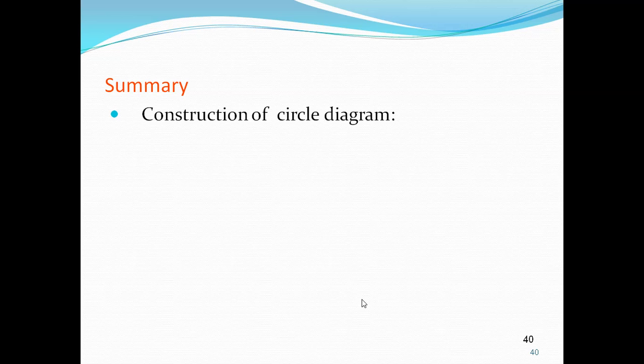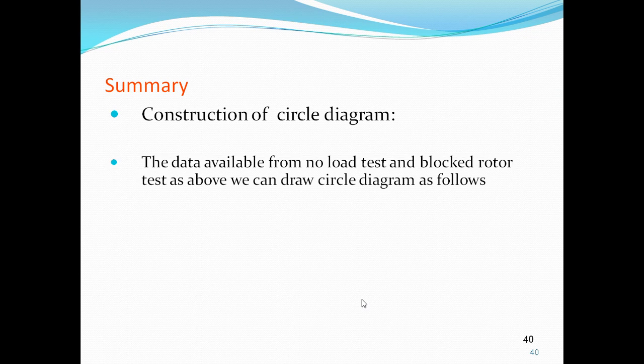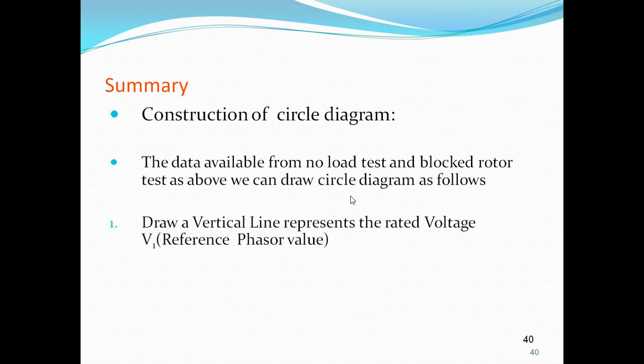So, in summary, let us see what we covered: construction of the circle diagram. Data must be available from the no load test and blocked rotor test. We can draw the circle diagram by using these two tests.